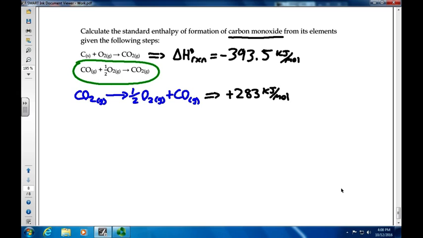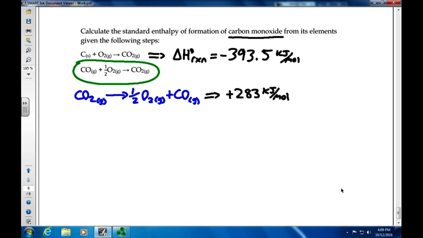Now let's look at what the 2 steps in here are. Notice the first step does not include the formation of carbon monoxide, and we are asked to calculate the standard enthalpy of formation of carbon monoxide from its elements given the following steps. So we're going to call this half reactions. We're going to say that this is a step in the right direction.